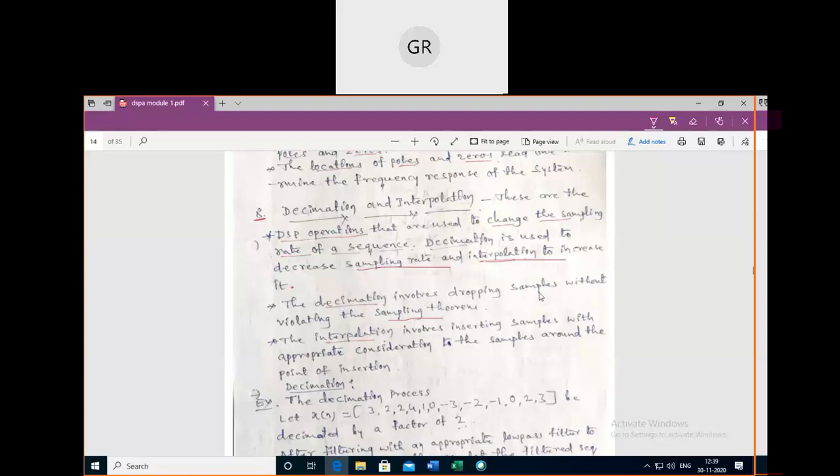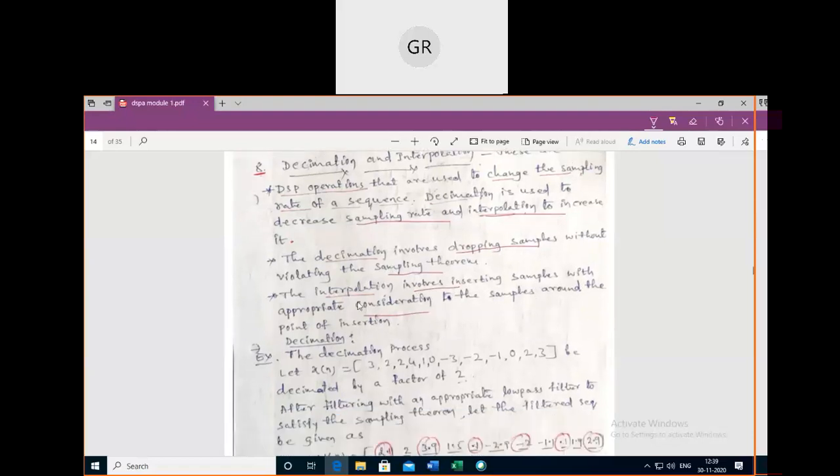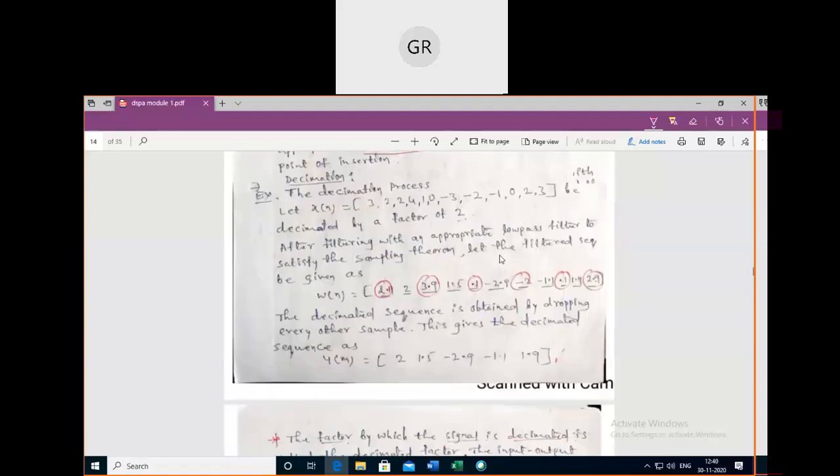Interpolation involves inserting samples with appropriate consideration to the samples around the point of insertion. In interpolation, we add some samples without violating the sampling theorem. In decimation, we drop some samples.